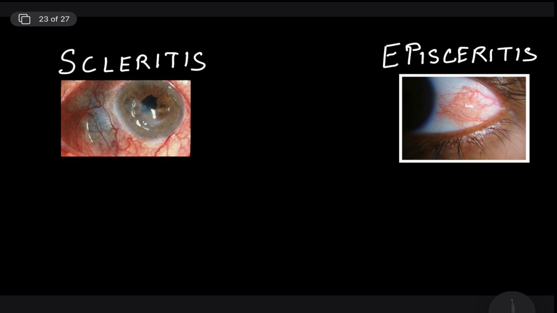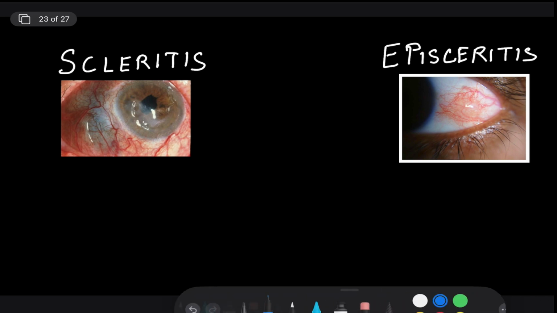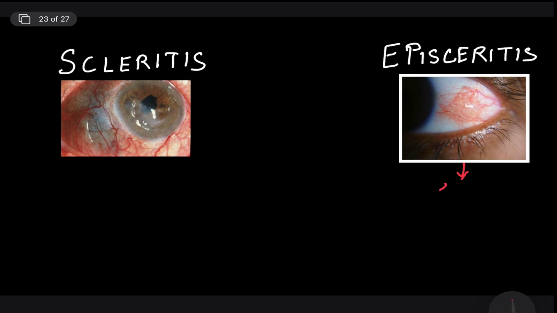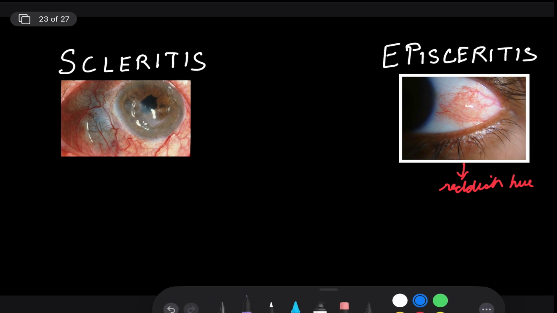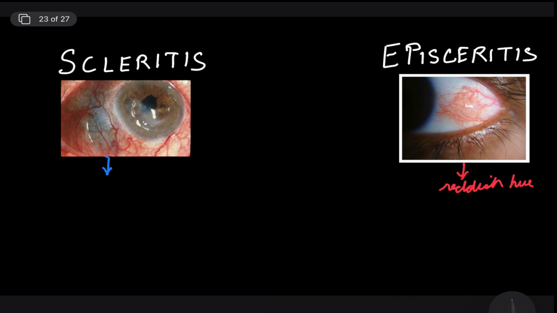From the image itself, you can see that in episcleritis, that is this picture, a reddish hue is given off, and it already seems like inflammation of the superficial layer, whereas in scleritis there is also reddish inflammation, obviously, because inflammation means more blood traveling, more congestion, more cells. So reddishness will obviously increase. There is no difference in that.